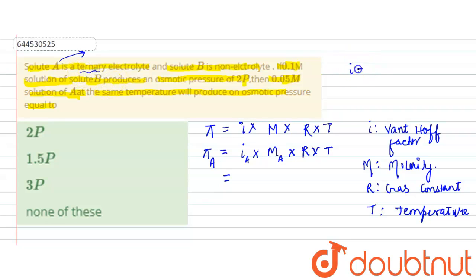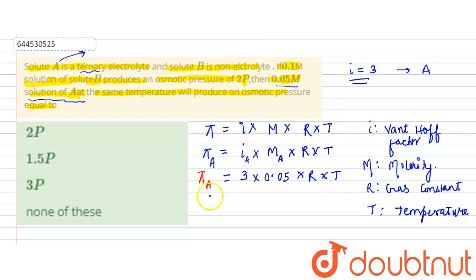Ternary solute means its i will be 3 for A. What is the molarity of A given? 0.05 molar solution of A. So the molarity will be 0.05 into R into T. This is the value of pi of A. Let's leave it till here.